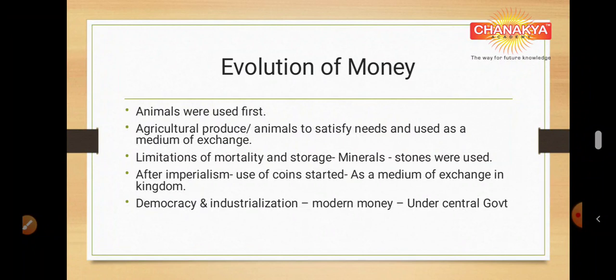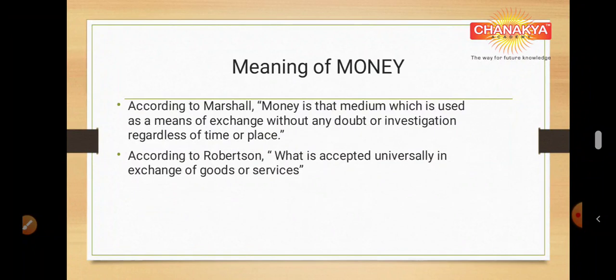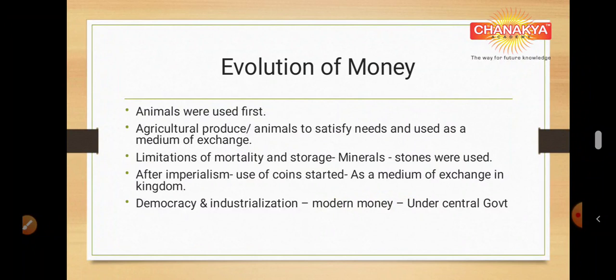Now the use of animals as a standard and a measure and a common medium of trade became limited. Why? Because animals are mortal. That means they die, they get sick, and they have life for a particular period of time.